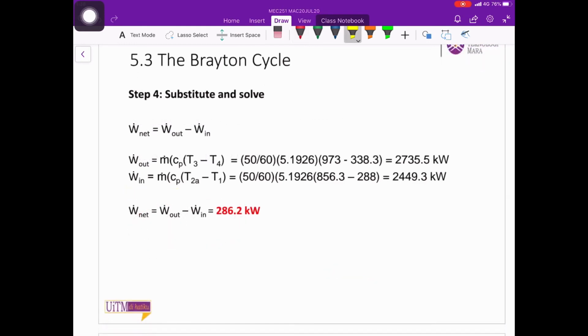And now we are going to solve the power net out for this simple Brayton cycle. Note that for the power in, we are going to use the actual temperature for state 2. Thus, we get the power net out equal to 286.2 kilowatt.